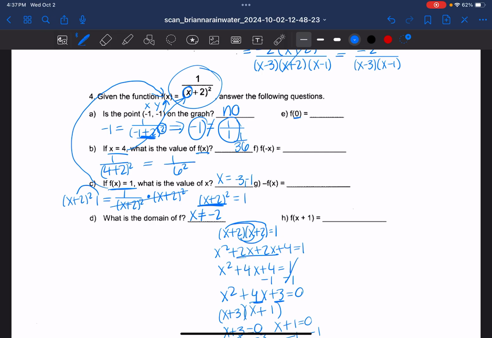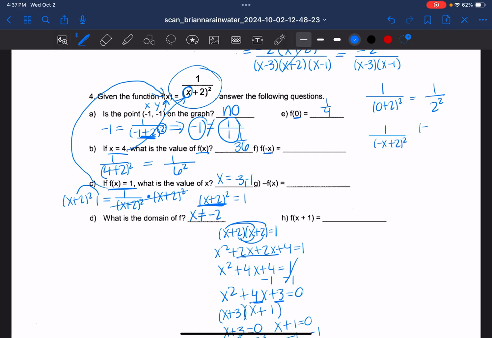Here they replaced x with 0, so I'm going to do the same. 1 over 0 plus 2 squared. Again, in the parentheses first, and then I take care of the exponent, and we get 1/4. Here, they replace the x with negative x, so I'm going to have 1 over negative x plus 2 quantity squared.